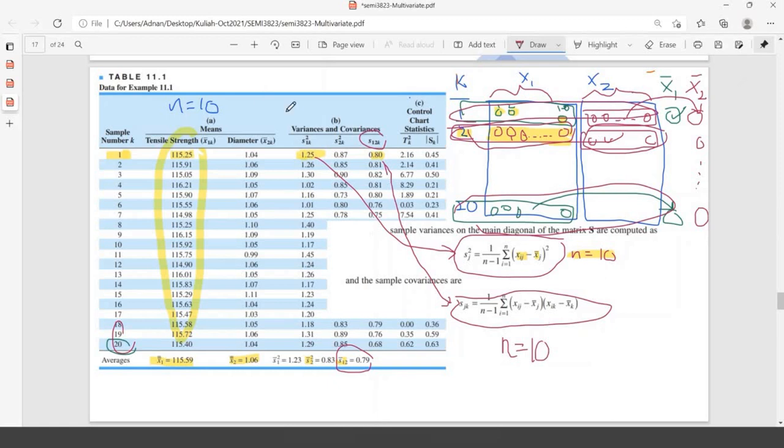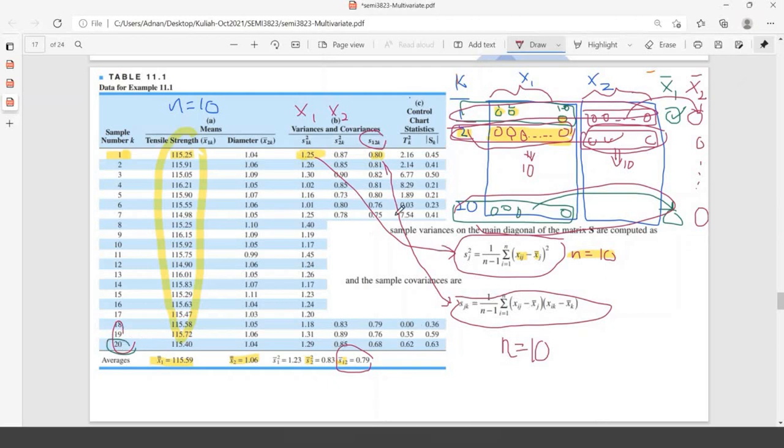Because we are calculating the covariance between x1 and x2, which each comprise 10. Here is 10, and here also you got 10. The pairing of these are 10 and 10. So this is where you get it. It has nothing to do with the 20.